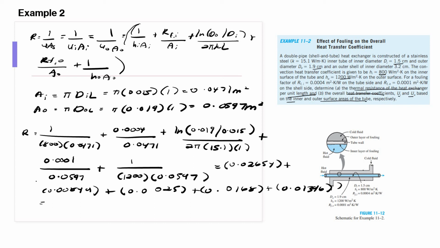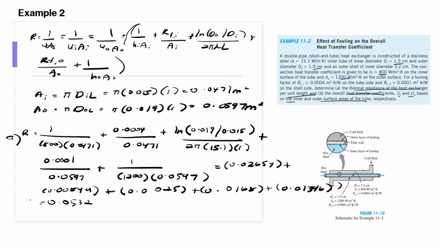Please don't follow me, because I just want to differentiate it one by one, afraid that you will get confused. In your real calculation you can just put a bracket, this value plus this value plus this value plus this value plus this value, and close the bracket. So the answer would be 0.0532. Okay, so this is the first question, A.